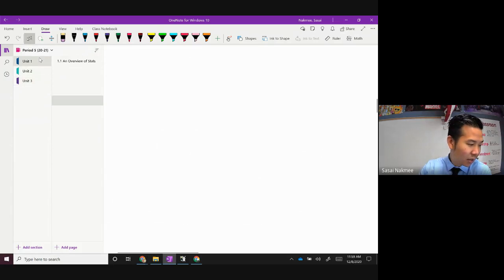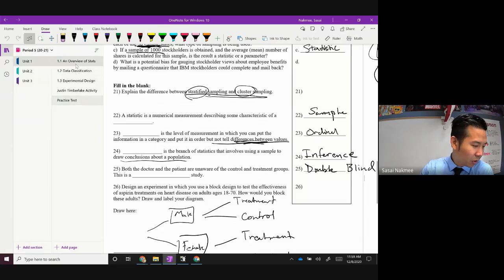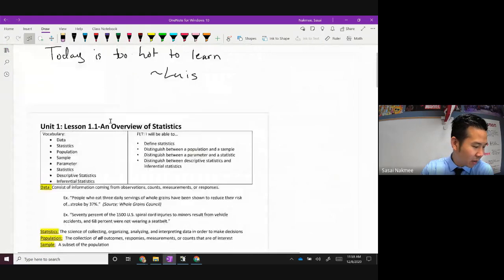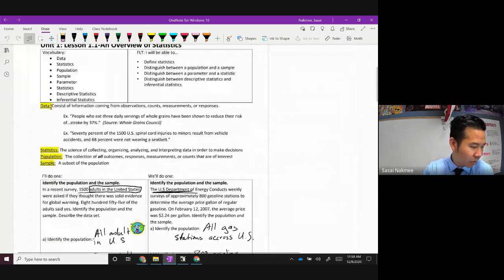So what does that mean? If you start giving me definitions about, let's say from Unit 1, what it means for data, statistics, population, and sample, and you just copy and paste this, I'll give you a point. If you copy and paste it and then reword it into your own words that makes it understandable for you or someone else who doesn't like to read these long terms, I'll give you another point.